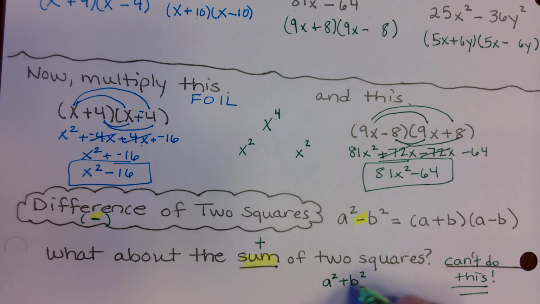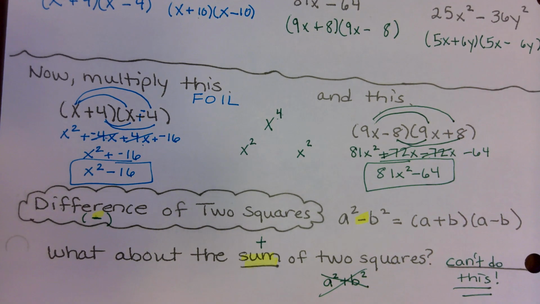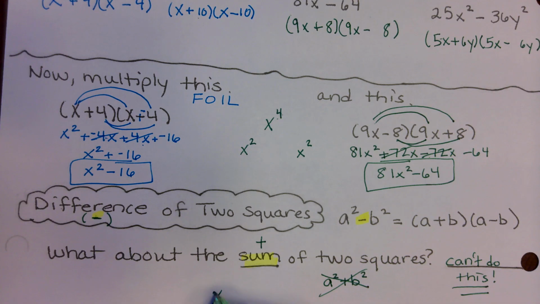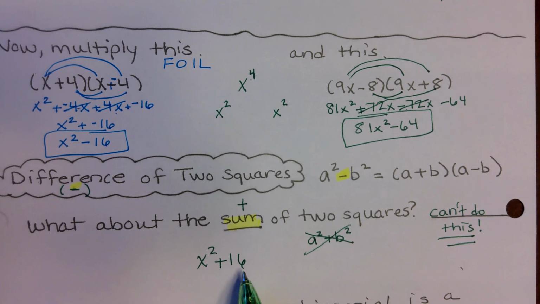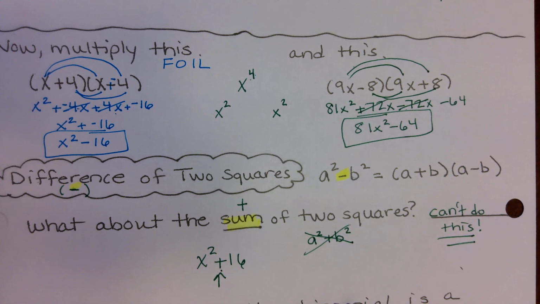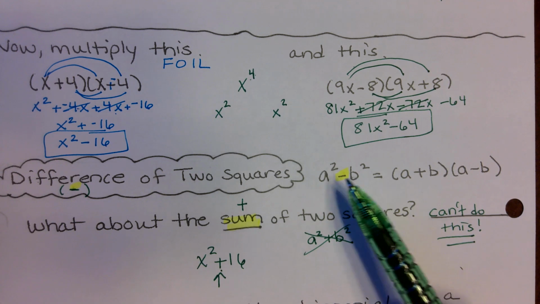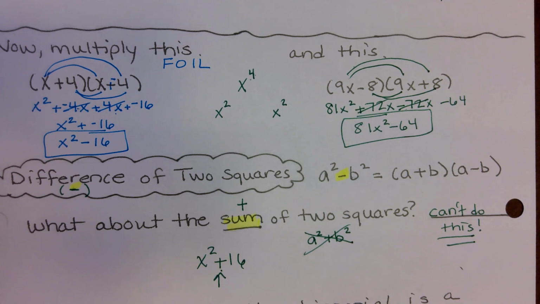No, no, no. In order to do this, it has to be subtraction. So don't let that trick you, okay? Sometimes you'll see something and you're grooving and thinking, oh yeah, look at x squared, square root, yeah, yeah, yeah. No, no, no. You have 3 checks you're doing when you do these. Is that a perfect square? Is that a perfect square? Is that a minus? If the answer is no to any of them, you can't do it.